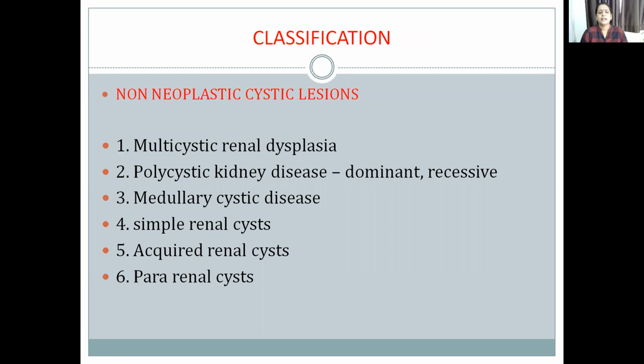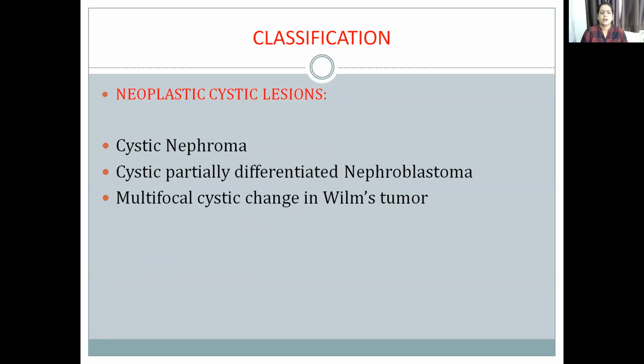So I told you the classification, the non-neoplastic cystic lesions, acquired cystic lesions, and the neoplastic cystic lesions. In that, now we'll see what categories are present in the non-neoplastic cystic lesions, that is multicystic renal dysplasia, polycystic kidney disease, dominant and recessive types, medullary cystic disease, simple renal cysts, acquired renal cysts, and pararenal cysts.